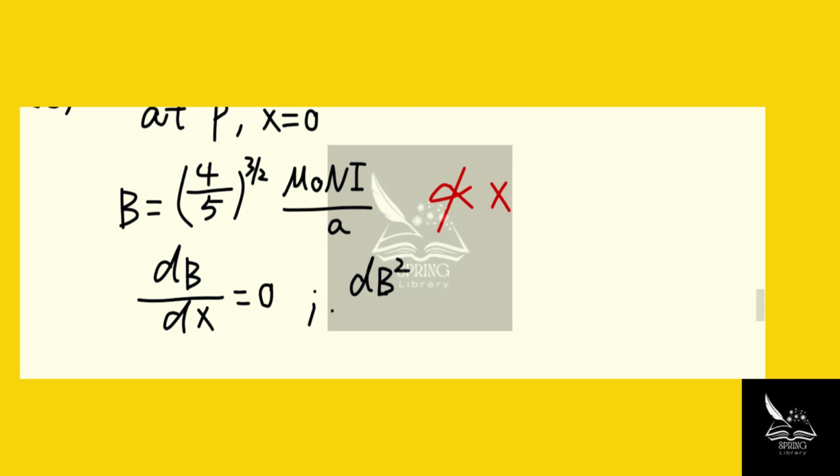So d squared B over dx squared should be equal to 0 as well, since the first derivative is equal to 0 already.